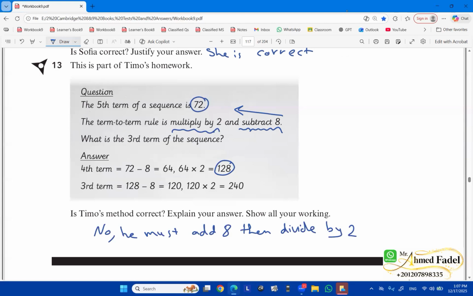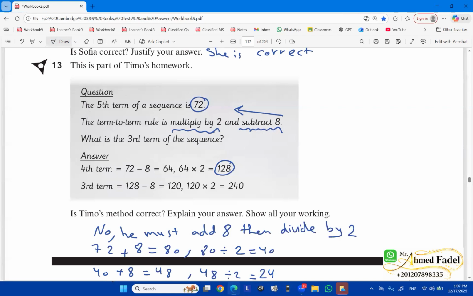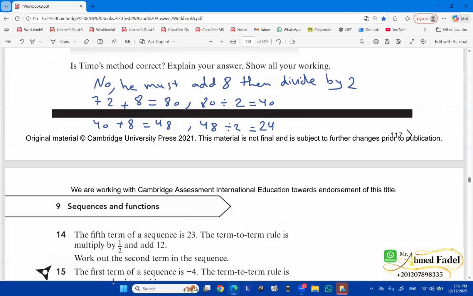Adding 8, then dividing by 2. So 72, add 8, becomes 80. Then 80 divided by 2 becomes 40. So 40. I take the 40 and I add 8, becomes 48. Then divide by 2 becomes 24. This is supposed to be your explanation.